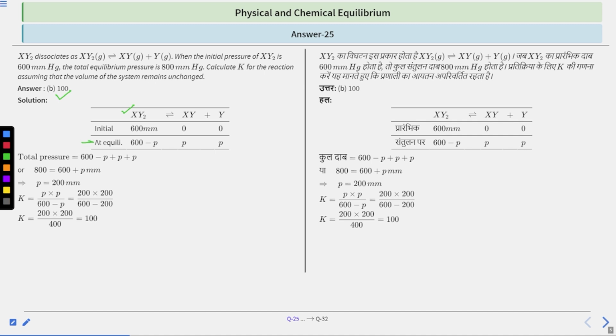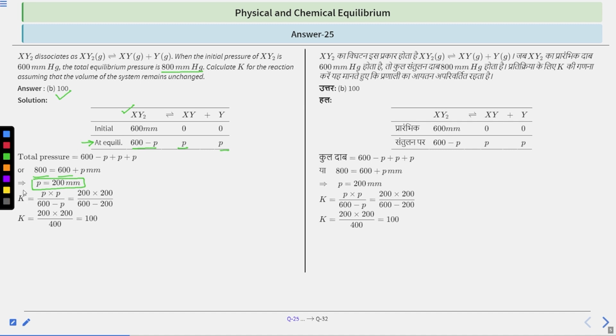At equilibrium, the XY2 pressure will become 600 minus P, XY will become P and Y will become P. So total pressure will be 600 minus P plus P plus P, and we know that the total pressure at equilibrium is given as 800 mmHg. So 800 equals 600 plus P, and P comes out as 200 mmHg.